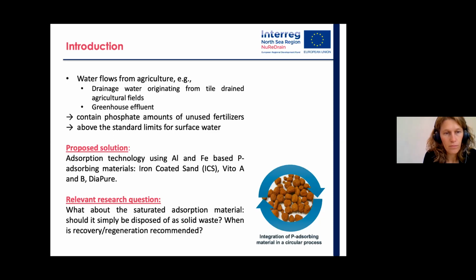The latter is often higher in concentration than the drainage water from tile drained fields. So for both nitrogen and phosphorus, we are searching for alternatives to capture them from the effluent waters.